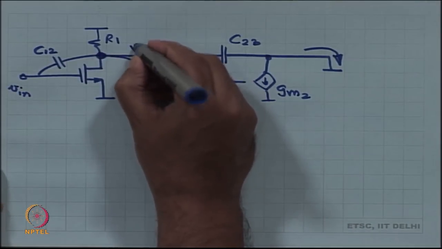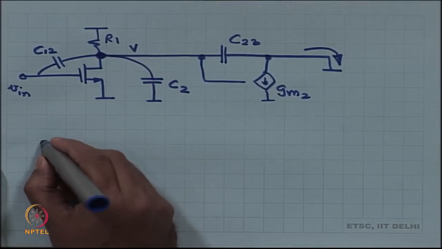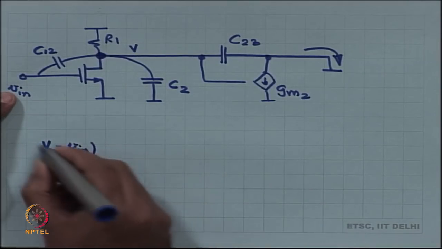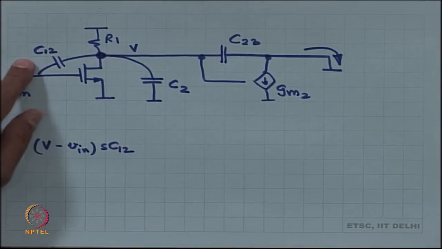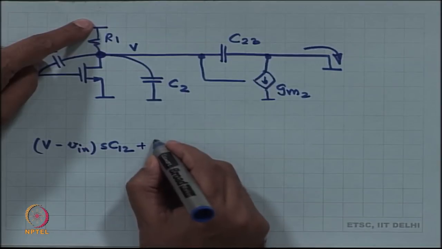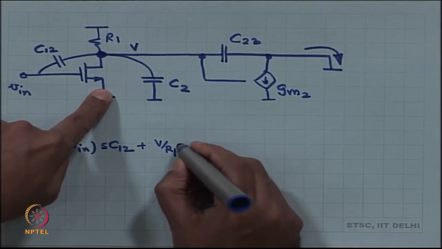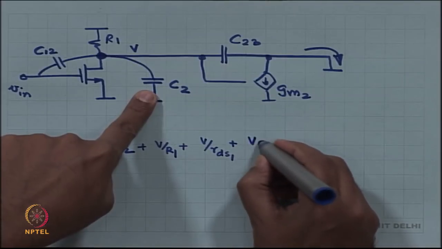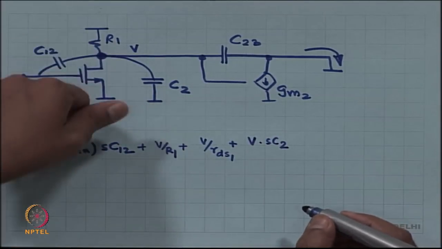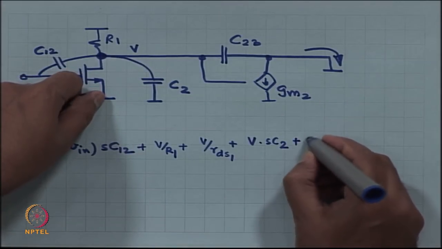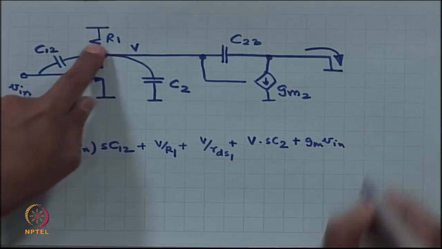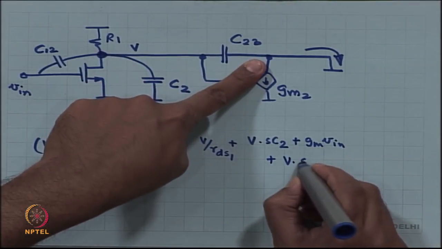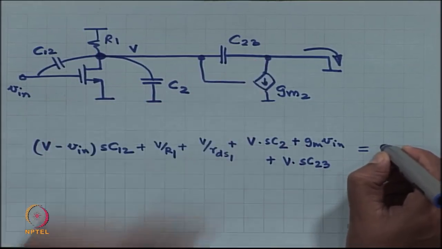So, let us call this voltage as V. V minus V in times SC12, that is the current this way, plus V by R1 plus V by RDS1 plus V times SC2, plus GM times V in, okay, plus V times SC23, this whole thing is equal to 0.